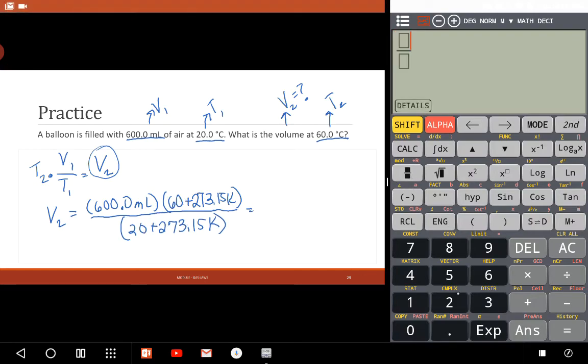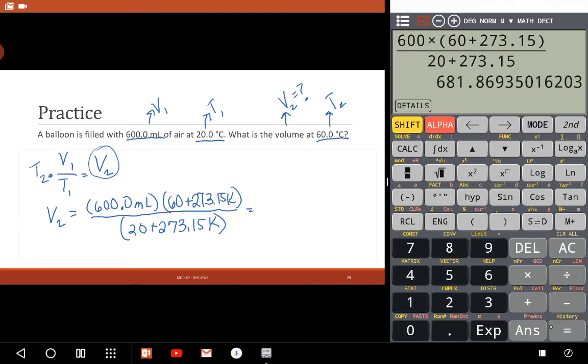So that's why it's important to do your conversions into Kelvin before typing this in. I am just going to use parentheses to make sure that I'm communicating with my calculator that it does the conversion before doing the multiplication and division.